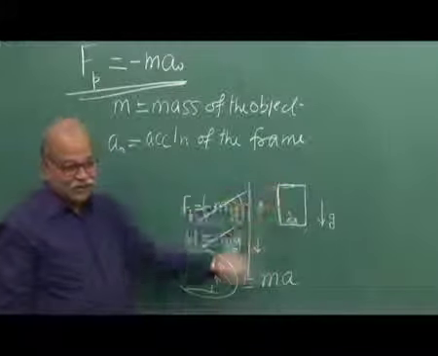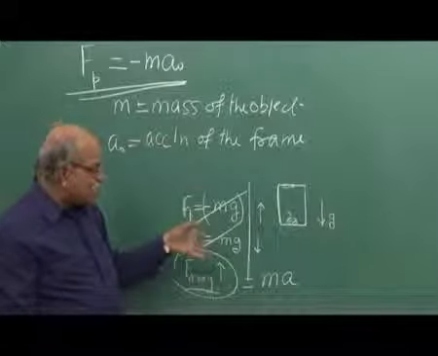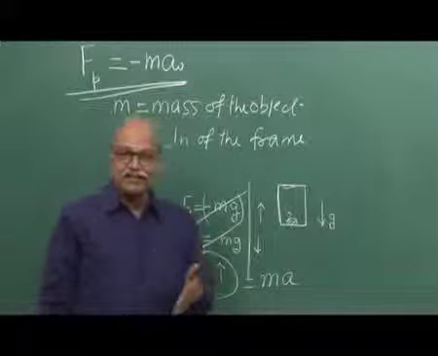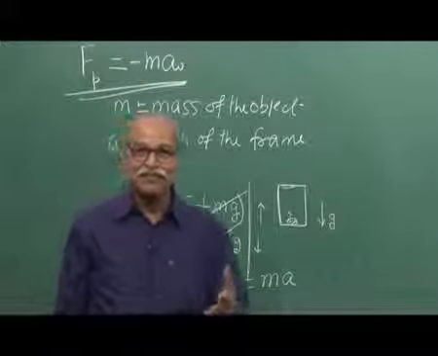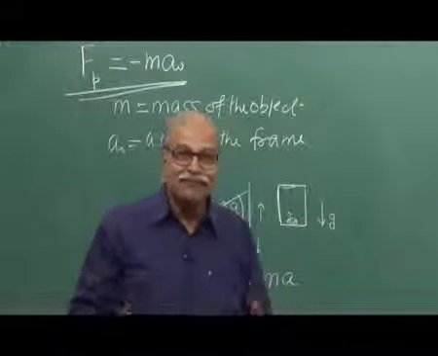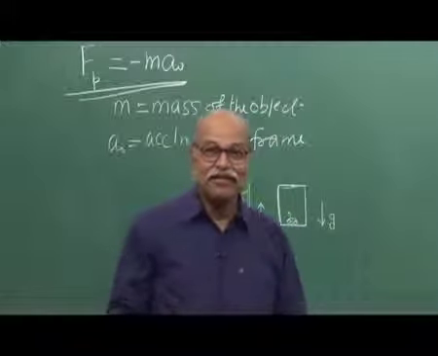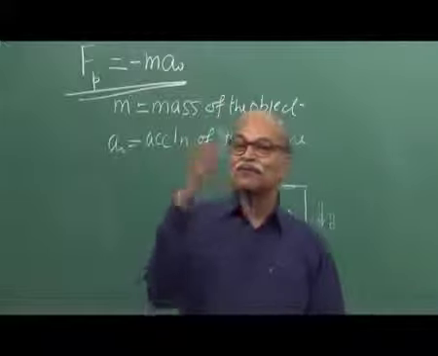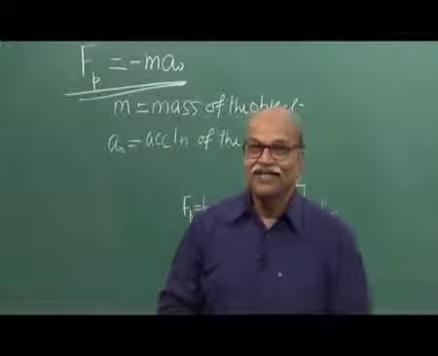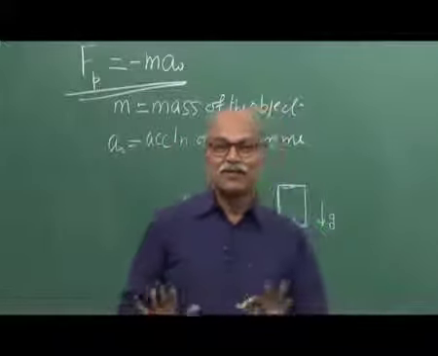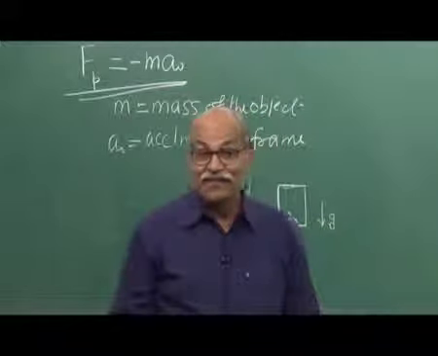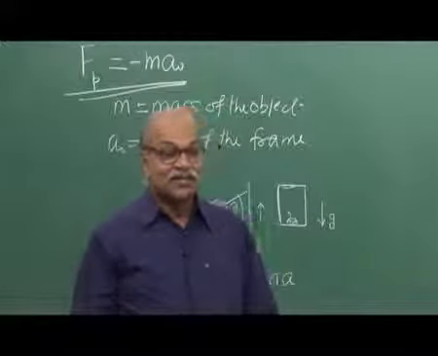So that is how this phenomenon is sometimes called weightlessness, because the weight gets cancelled by the pseudo force. So if you are in a freely falling frame, freely falling box, you forget to apply pseudo forces and you also forget to apply the weight. And still your Newton's laws will be okay, and you will feel as if there is no weight. So this phenomenon is sometimes called weightlessness.